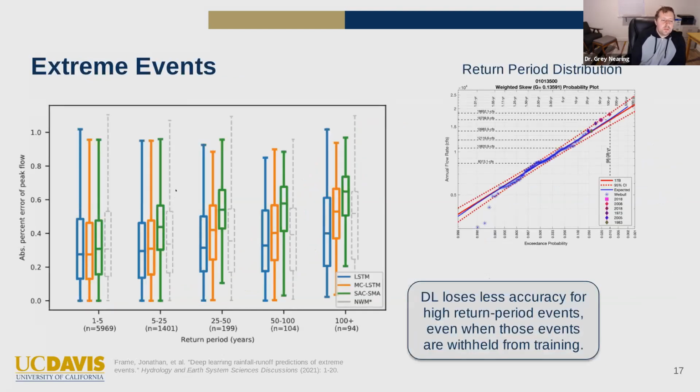One common criticism of machine learning that you hear everywhere is that it doesn't work for out-of-sample or extreme events. It's kind of funny. We used to hear this all the time when we presented this work at conferences from hydrologists, and I went and looked, and there aren't actually any papers that show this. There are, to be fair, some using very, very simple data-driven modeling strategies from 10 or 20 years ago that show some degradation in predictions of out-of-sample events.